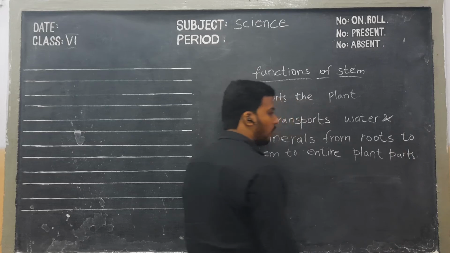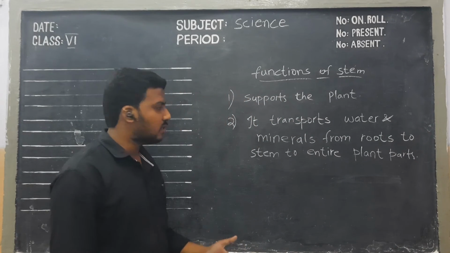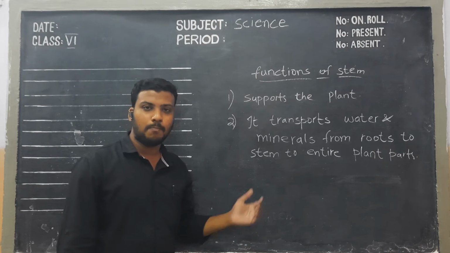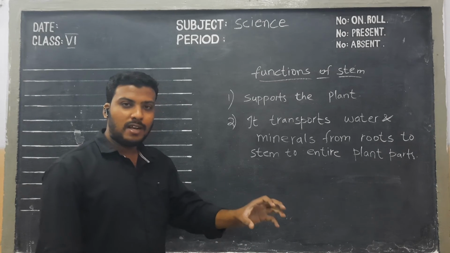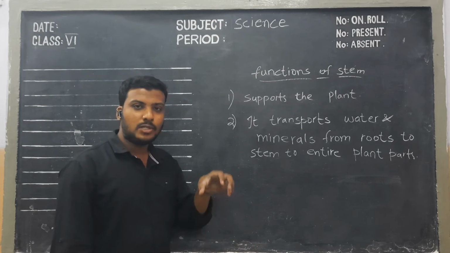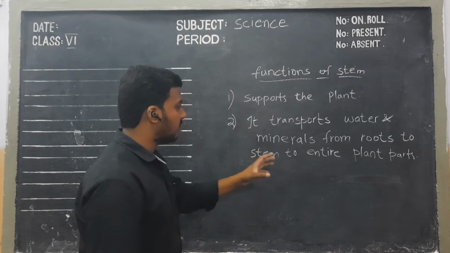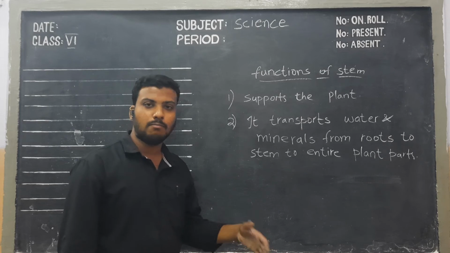Whatever water and minerals are received by the root are given to whom? The stem. Then, taken by the stem, they are transported to the entire plant, children. So it acts as a mediator. We can simply say a mediator.